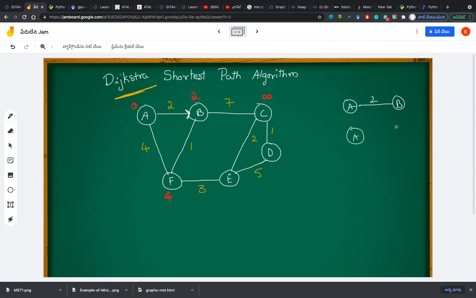If this is 2, you can convert the graph into a directed one like this, because with 2 you can go from A to B and B to A, right? So that is the reason why I have converted it into a directed graph. A to B is 2 and B to A is also 2. This is directed, this is undirected. So Dijkstra is more efficient for directed, so I will draw these directed graphs now.